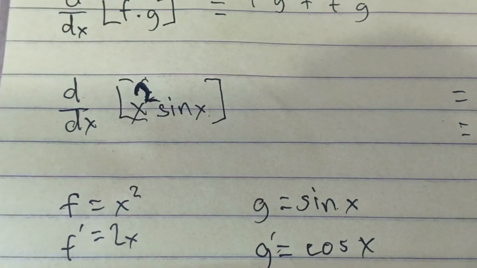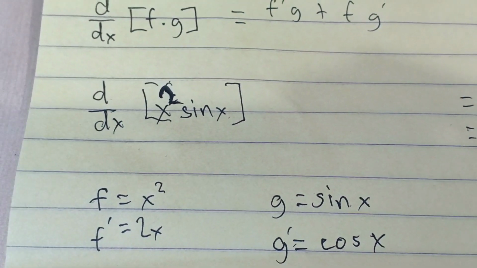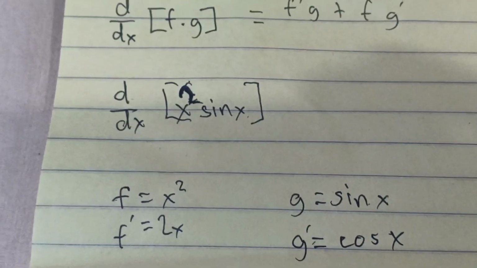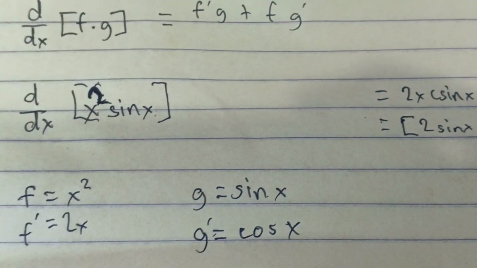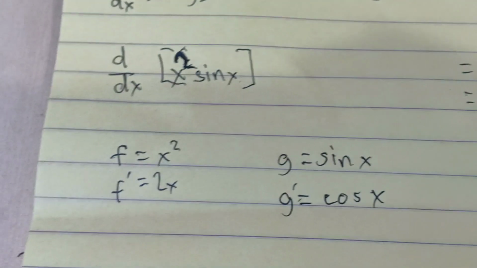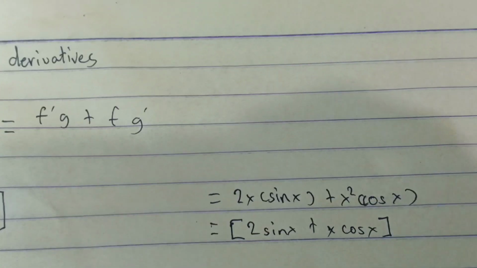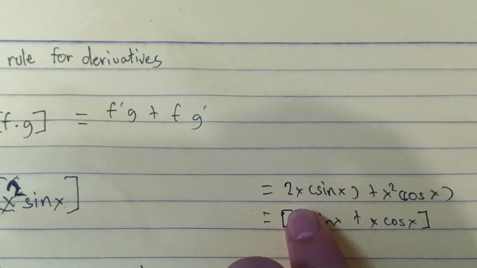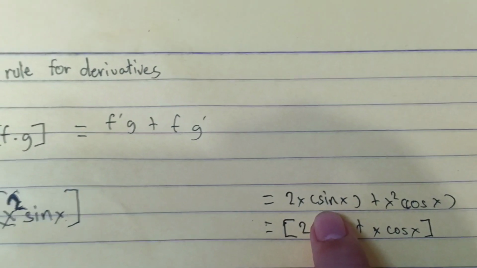So we're going to find the derivatives of those. So for x squared, its derivative will be 2x, which is now f prime. Then for g, the derivative of sine x is cosine x. Now that will be g prime. So now we're going to substitute. So our f prime will be 2x, then multiplied by g, which is sine x.